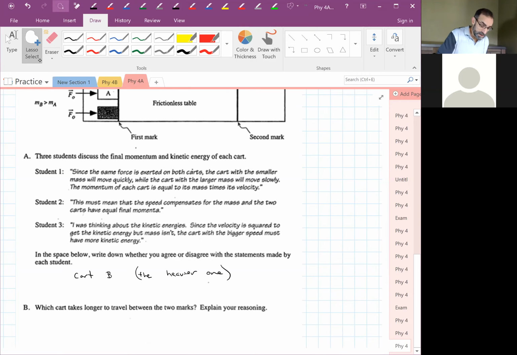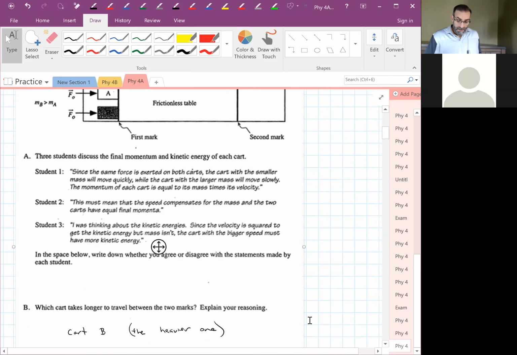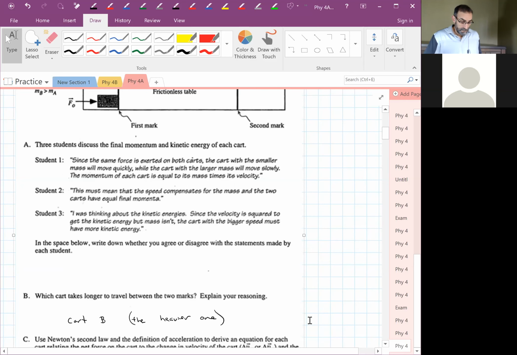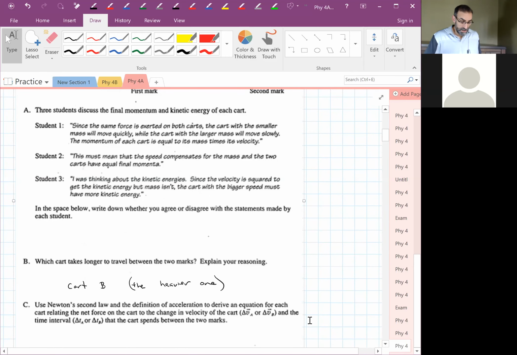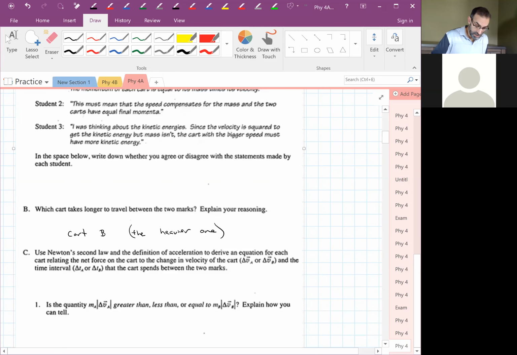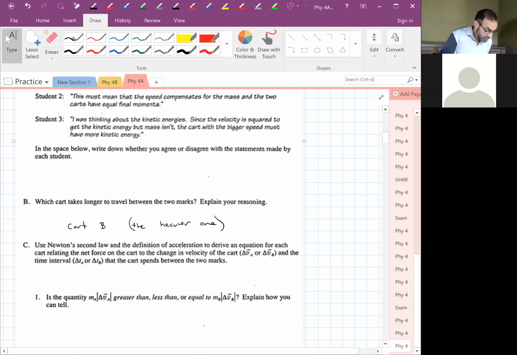Oops, where did I put that? Wrong place. I can fix that. There we go. It says use Newton's second law and the definition of acceleration to derive an equation for each cart relating the net force to the change in velocity and the time. So what they're asking for here, I think I'll just do it, save a little time. They want us to start with F equals ma.